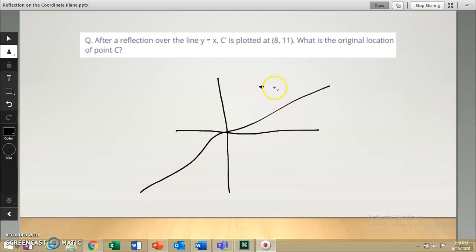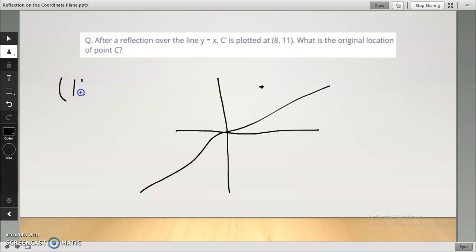I don't know if the point is on this side or this side, but regardless, we know that when we reflect over y equals x, we switch the x and the y. So I flip those around, and I get (11, 8) instead. That's the line it flipped over, and so this would be the original C. I know this works because if I reflect it back over the line, I should get this point again, which is (8, 11).